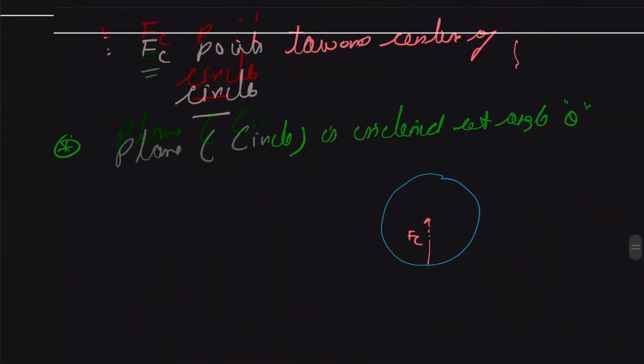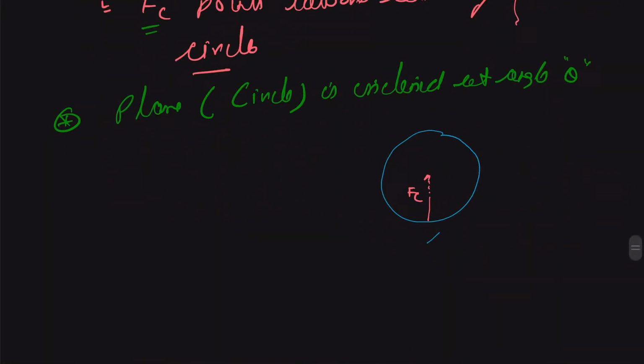Yeah. So this is one corner of the plane in which the circle is there, and the horizontal we have taken something like this, and this is angle theta. So now our centripetal force will also always be parallel to the horizontal axis. So this is our horizontal axis. So the centripetal force will also be parallel to this.